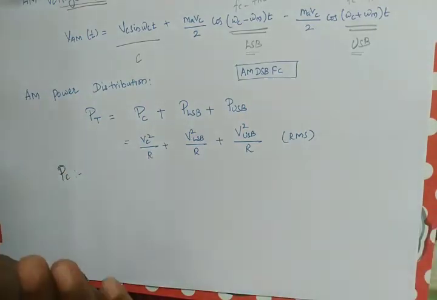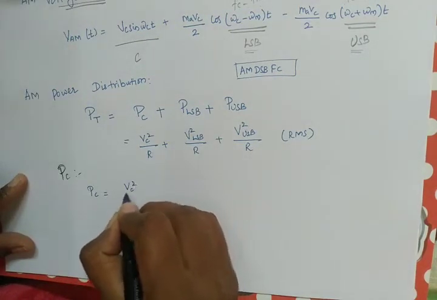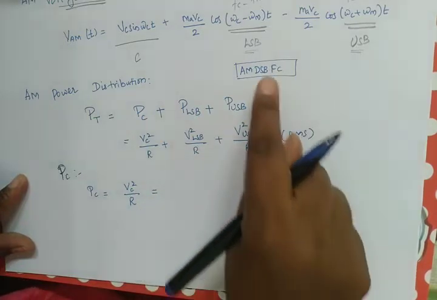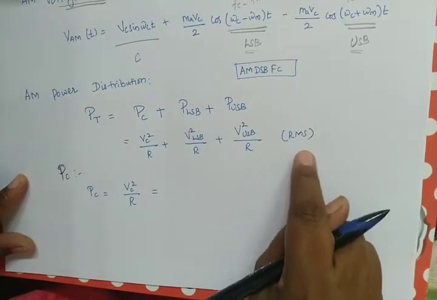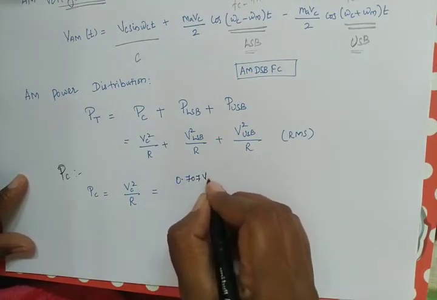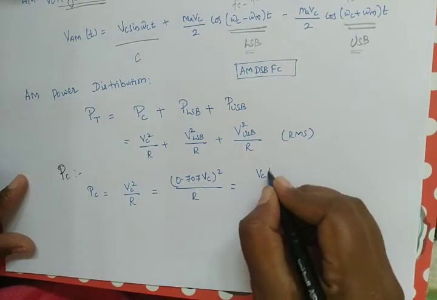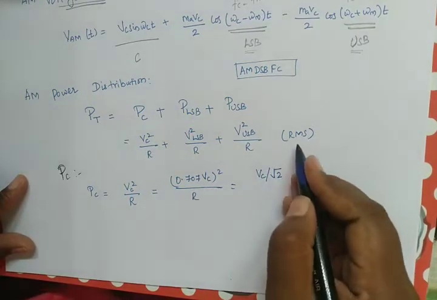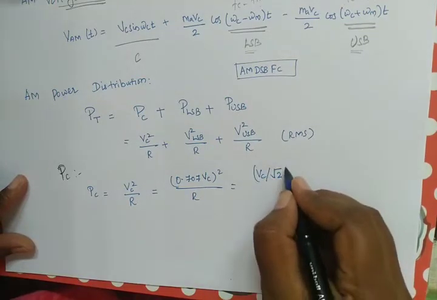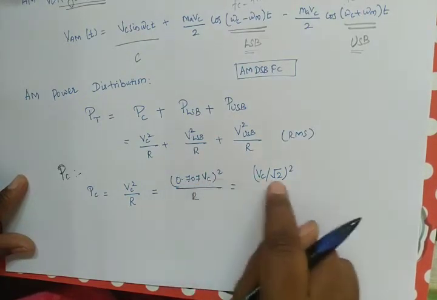So what is the carrier power? It is given as P_C, which is equal to V_C squared by R. Since it is an RMS value, we can write (0.707 V_C) whole squared by R, or we can write this as (V_C by root 2) the whole squared by R. This value is 0.707, or we can write it as V_C by root 2.